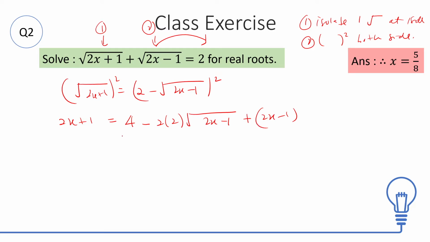Okay, so now simplify. This one and this one disappeared, plus 1 and minus 1.